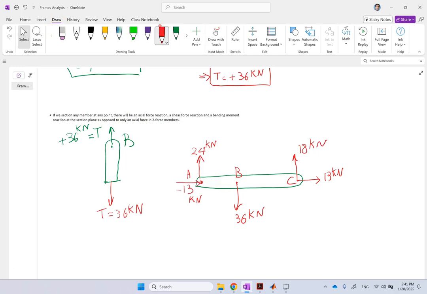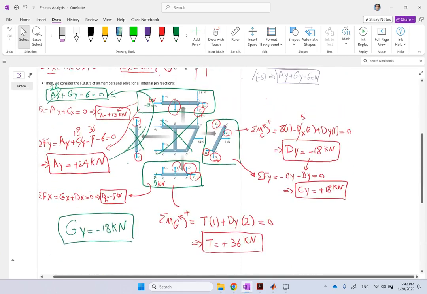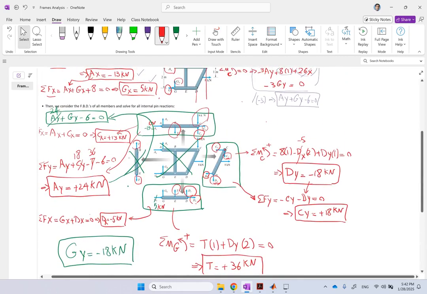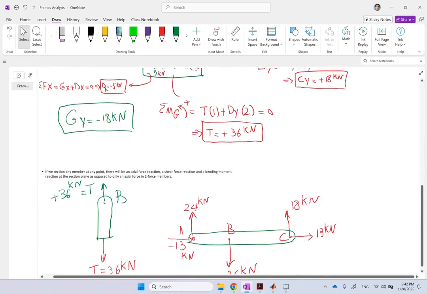First of all, is this member at equilibrium? Yes, because this is negative 13, that's positive 13, sum Fx is 0. Sum Fy, if you look at it. Now, it seems like we made a mistake somewhere. Did we? No, actually, I forgot to add one thing. I forgot to add this 6 kilonewton. You have to add that here.